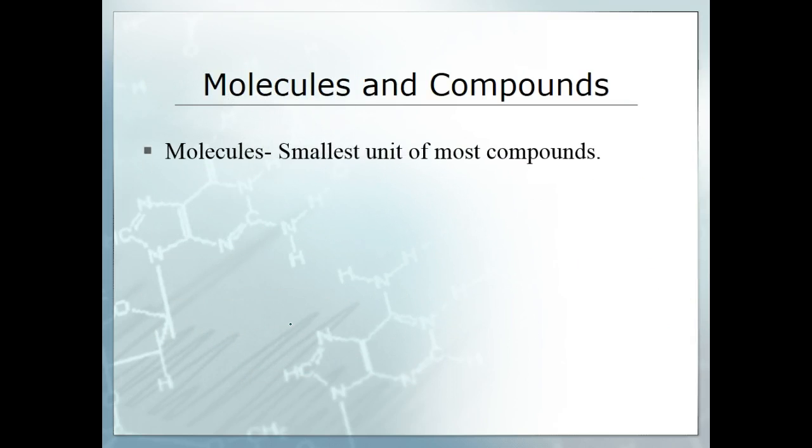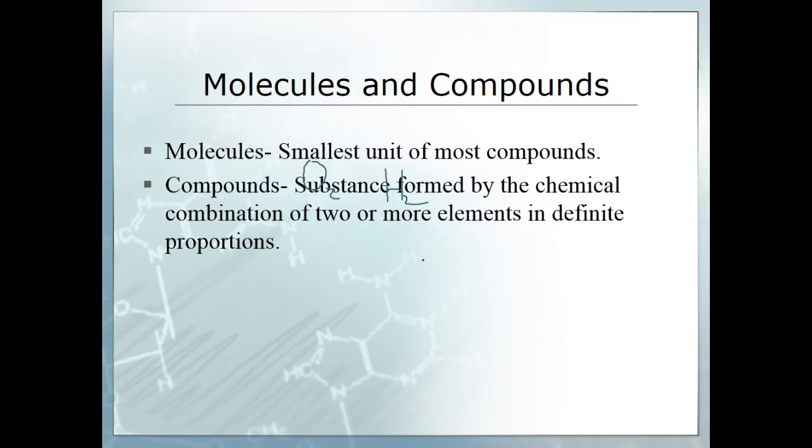Molecules and compounds. Molecules are the smallest unit of most compounds. Molecules can be written like O2. We now bonded 2 atoms of oxygen together. That's how they would naturally occur. H2 is a molecule. If you contrast that with compounds, these are substances formed by the chemical combination of 2 or more elements.